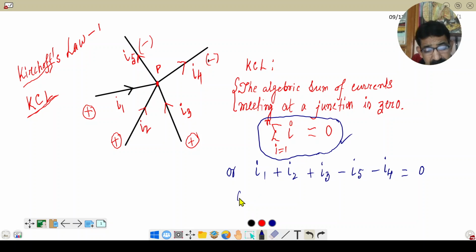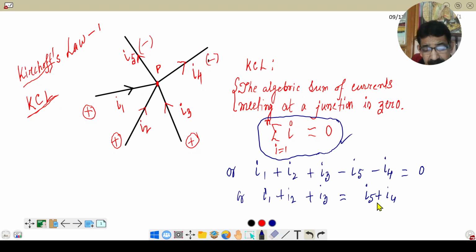That means I1 plus I2 plus I3 is equal to I5 plus I4.